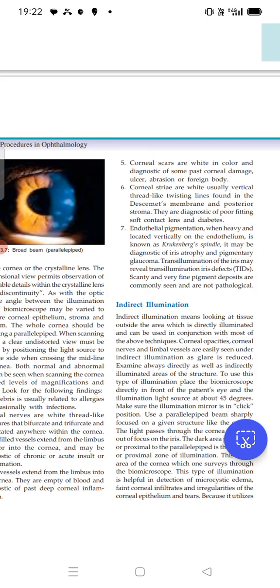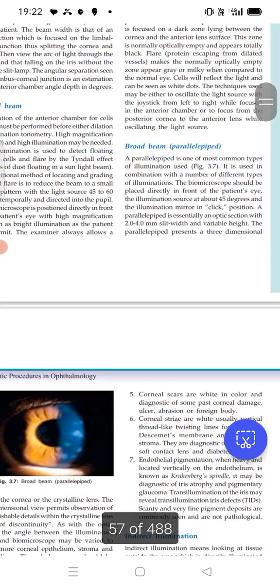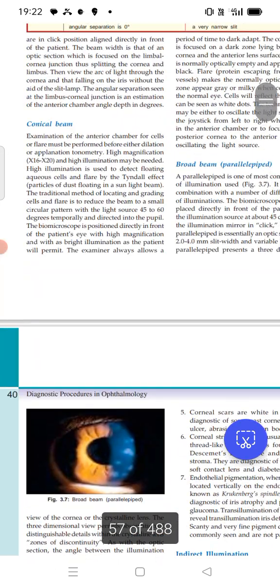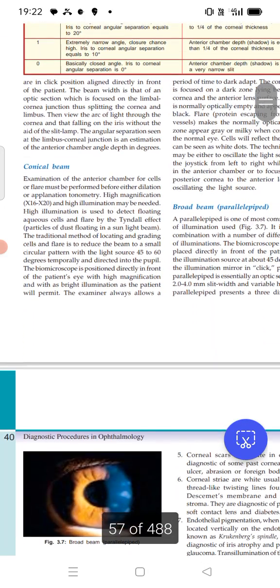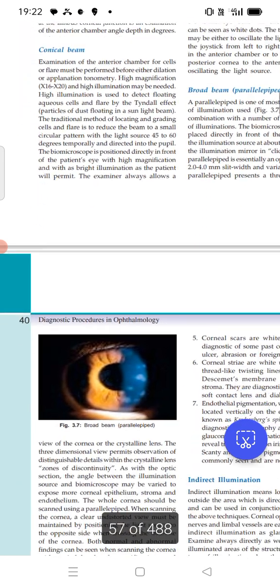Endothelial pigmentation we can also find out. We can see Krukenberg spindle and diagnose it if present. So this is basically the broad beam or the parallelopiped beam, not the conical beam.